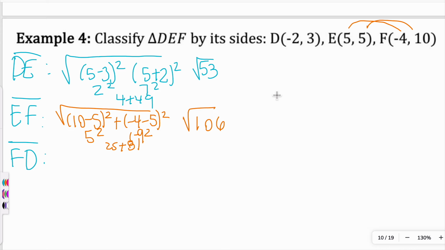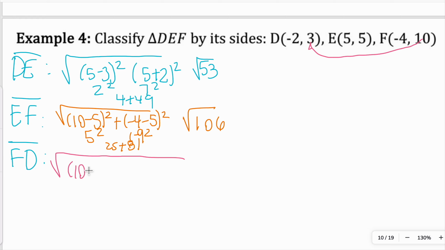And then F to D, I'm going to erase these. For F to D, I did 10 minus 3 for my y's. And then for my x's, negative 4 minus negative 2, or negative 4 plus positive 2.